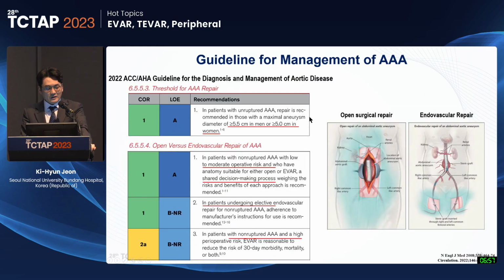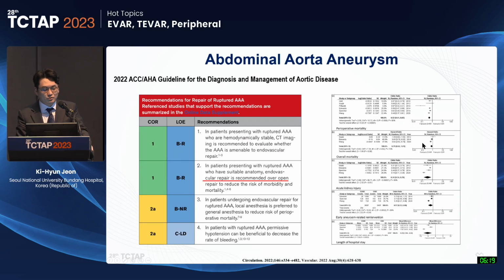And now, this is the updated guideline released in 2022, the brand new ACC/AHA guideline for aortic disease, which emphasizes the importance of shared decision-making when considering the treatment of unruptured AAA in patients with low to moderate operative risk and suitable anatomy. So both open repair and endovascular repair are considered viable options in such cases. And in case of ruptured AAA, endovascular repair is recommended over open repair.